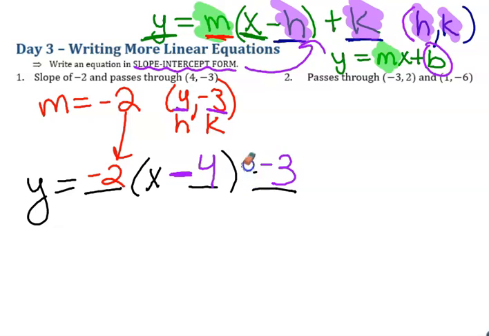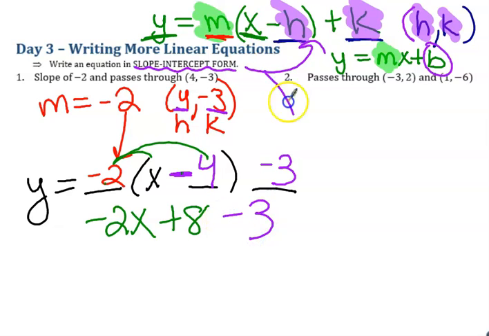All right, so how do I put this in slope-intercept form? Well, when I see a parentheses, chances are that means I'm going to distribute. So -2 times x is -2x. -2 times -4 is +8. Then I'm going to bring down this -3. So right now, your note should look like mine.